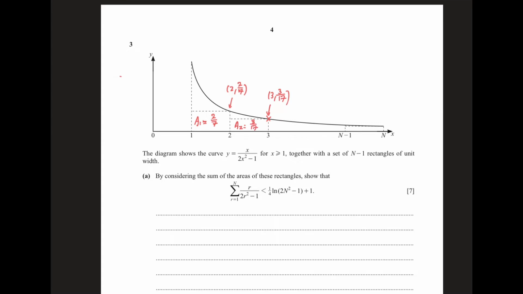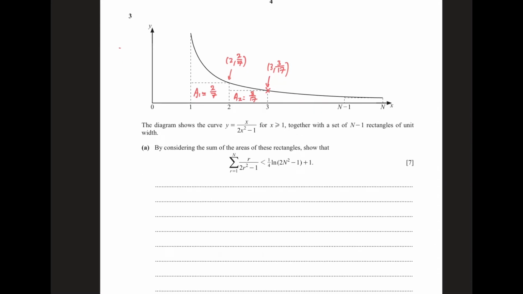Now, when you look at the last rectangle here, imagine this is area n minus 1. As you can see, area 1 uses the value from here, and area 2 uses the value from here.